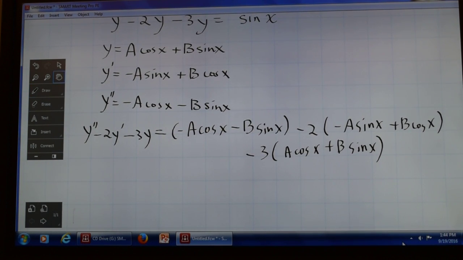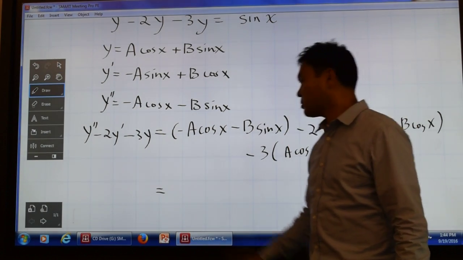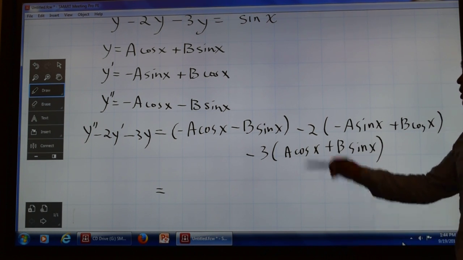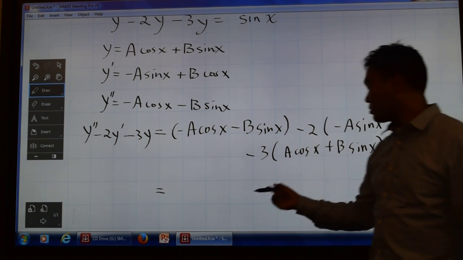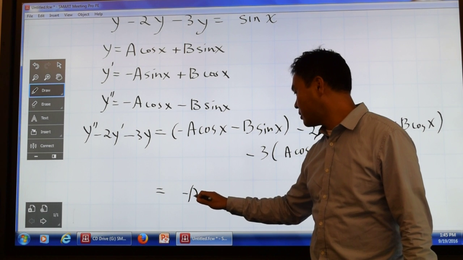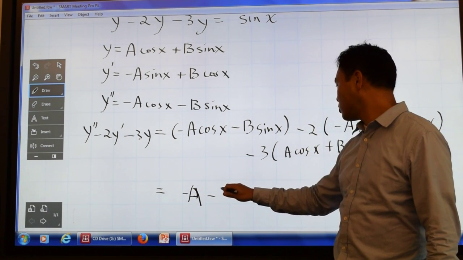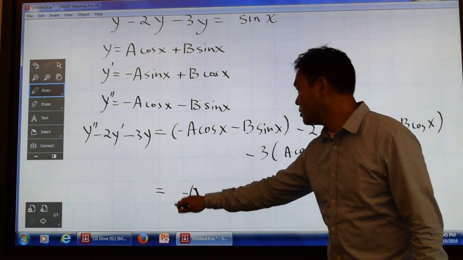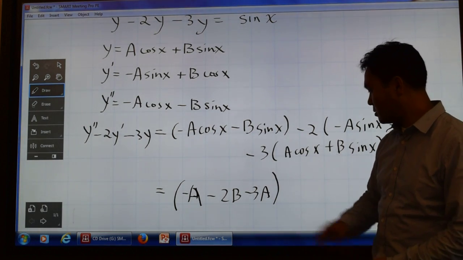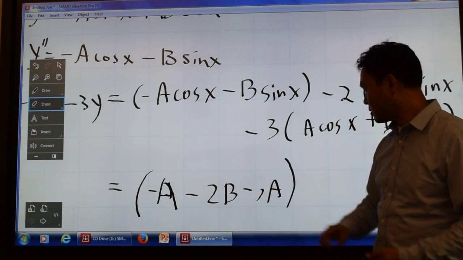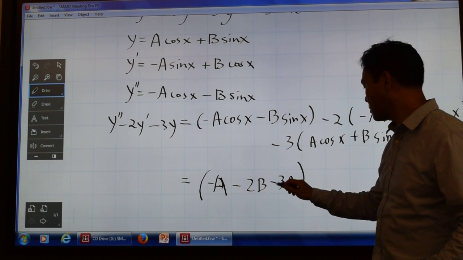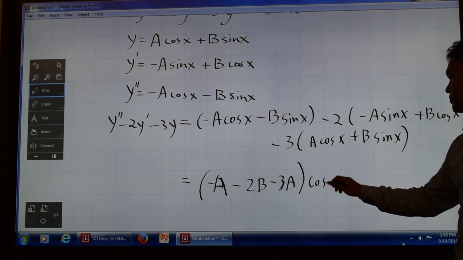Now let's gather all the cosines together and sines together, because our goal is to get rid of the cosine while making the sine's coefficient become 1. All right, negative a minus 2b minus 3a, cosine x.